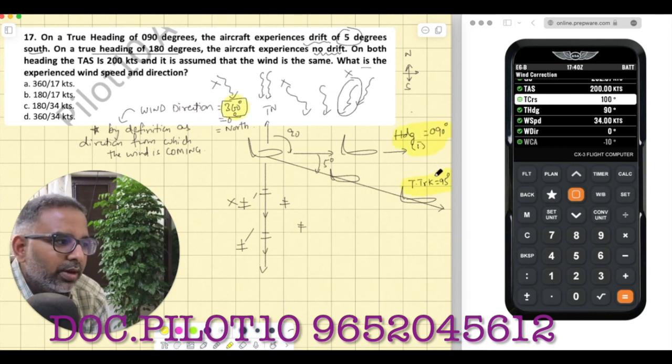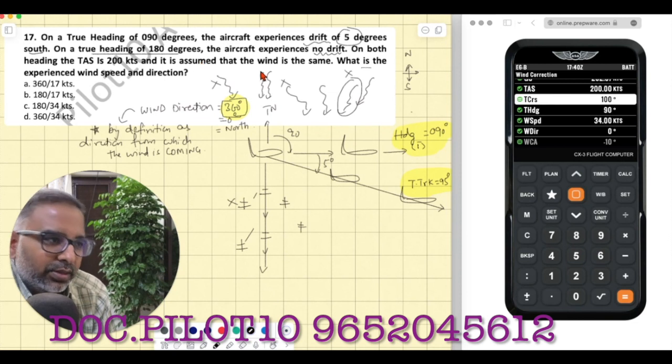You know its track made, in this first scenario, is 095 degrees. Don't call it 95, you should pronounce it as 095 degrees. Now on both headings, the TAS, true airspeed of the aircraft, is 200 knots.